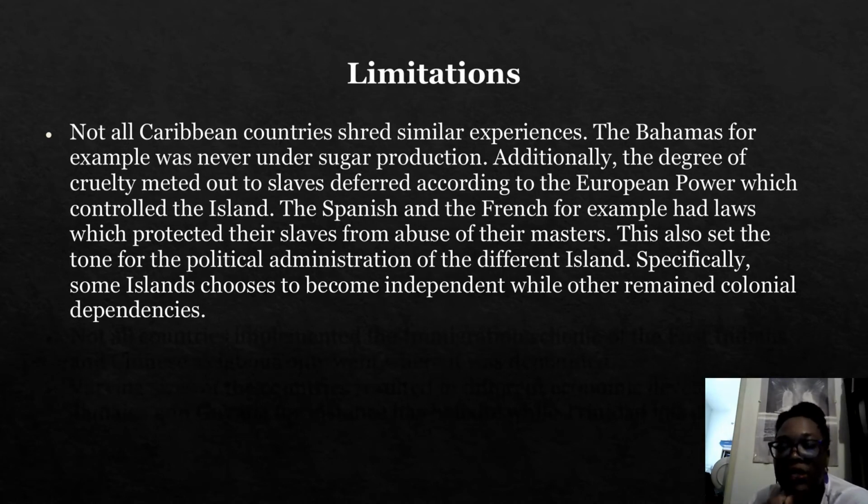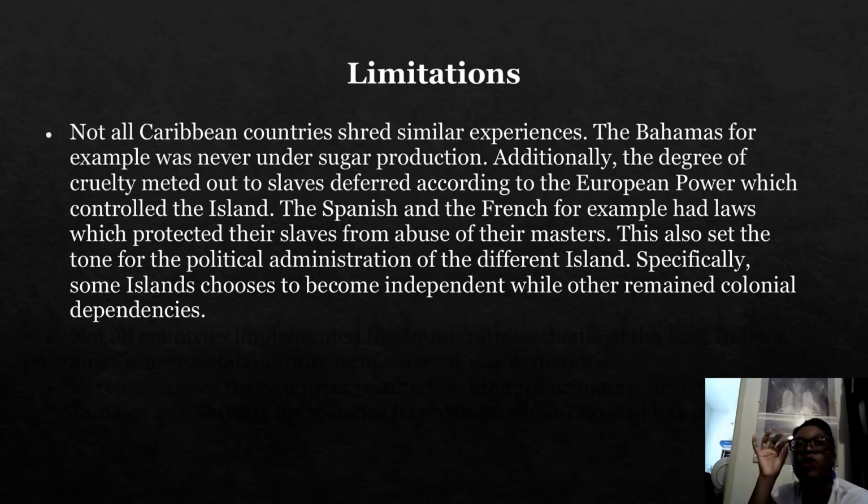Not all Caribbean countries experience identical situations. So yes, they may have undergone slavery, but the degree of harshness might have been different based on which Caribbean territory you would have found yourself in.